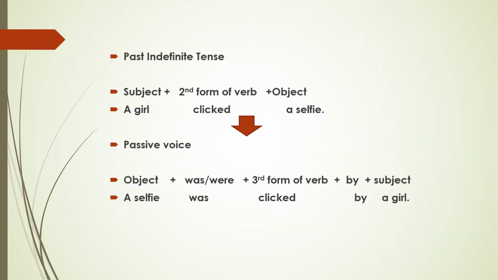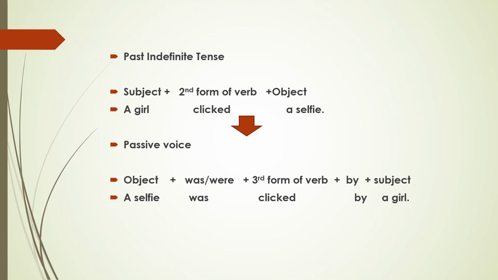Okay, so in this slide, let's recall or revise the conversion of past indefinite tense into passive voice. As you can see the formula in front of you, first there is a subject in past indefinite tense, then there is a second form of verb, and then it is followed by an object.